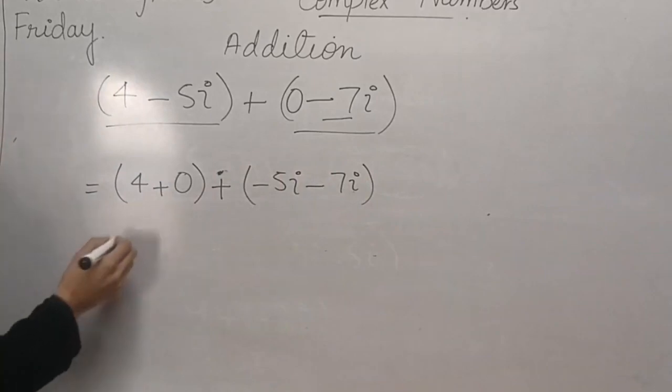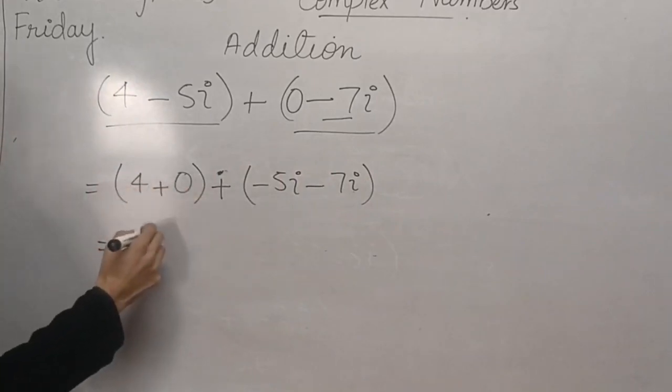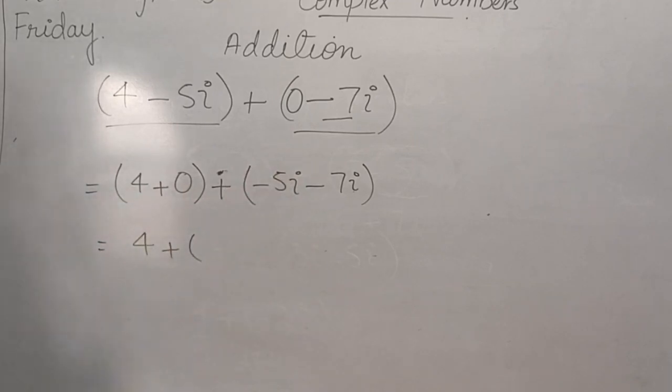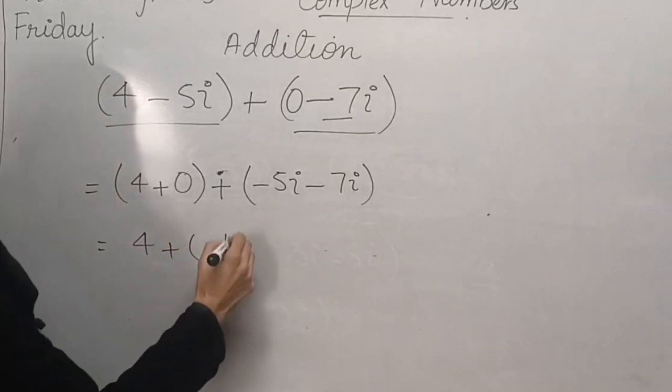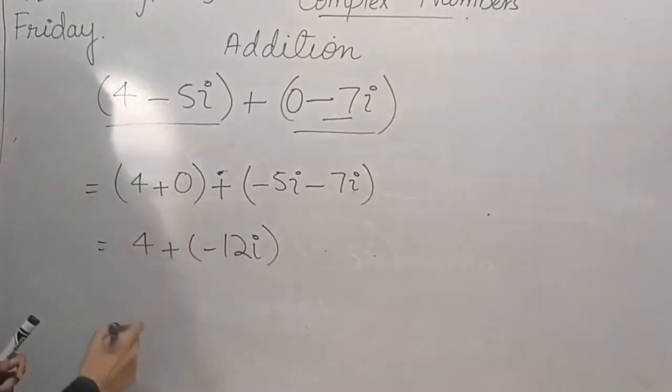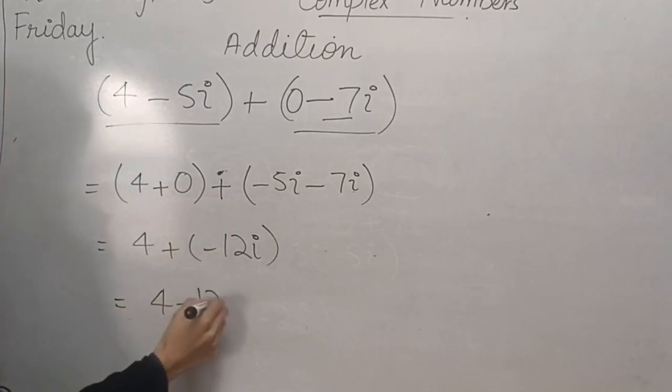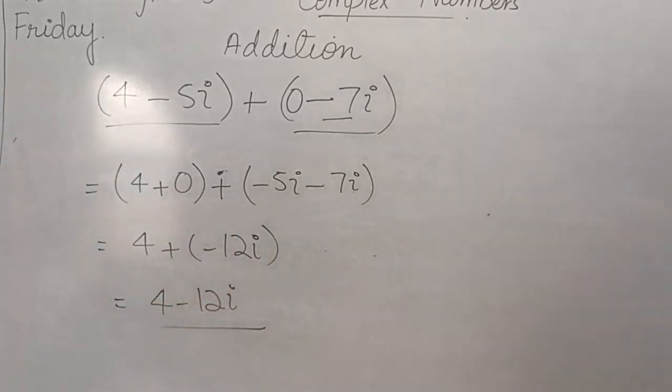Simply add them, perform the operations. 4 plus 0 is 4, plus minus 5 and minus 7 is minus 12 iota. Plus minus is minus, so 4 minus 12 iota is the answer of this question. Clear?